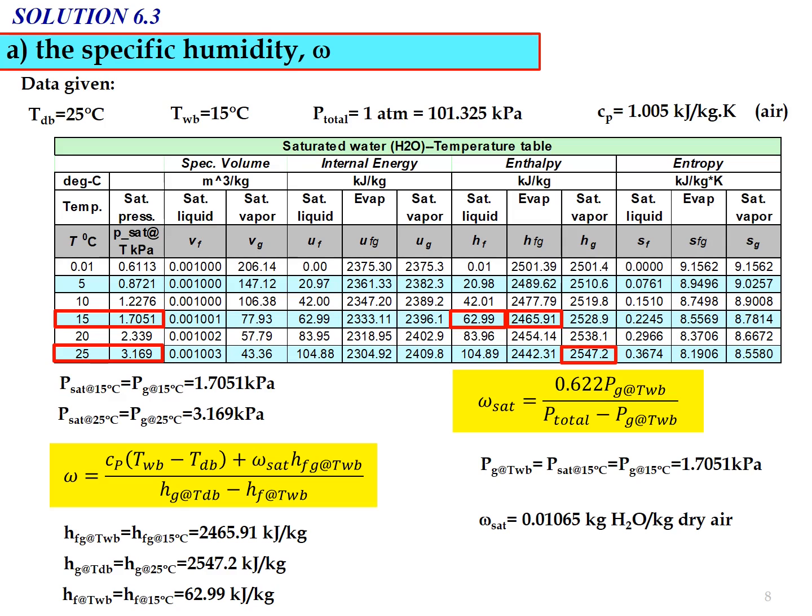Substituting, we get omega saturated equal to 0.01065 kilogram H2O per kilogram dry air. Then substituting all the values into the equation of omega, we get omega equal to 0.00653 kilogram H2O per kilogram dry air.